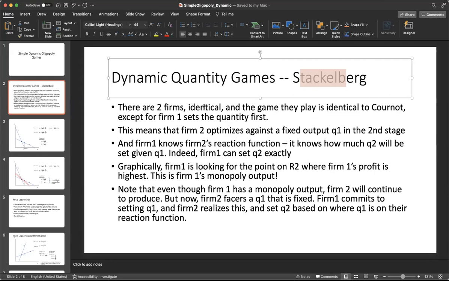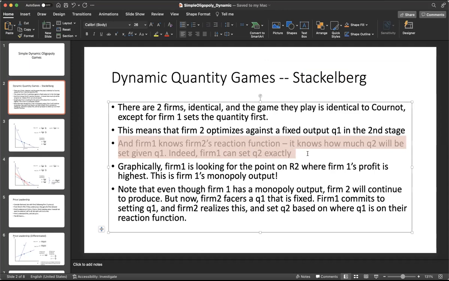Now, knowing that, what will firm 1 do? The issue for firm 1 is, what Q1 should I bring at night so that when firm 2 arrives, that is the output that firm 2 will maximize against? So I think the key conceptual issue is this. Here's the intuition.